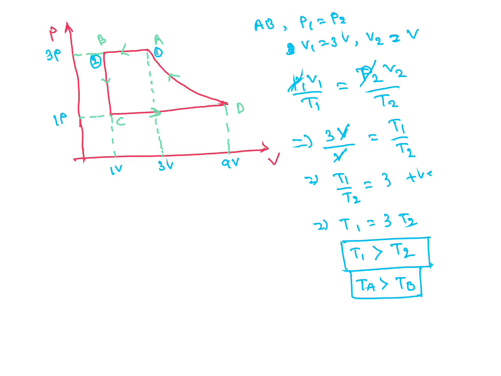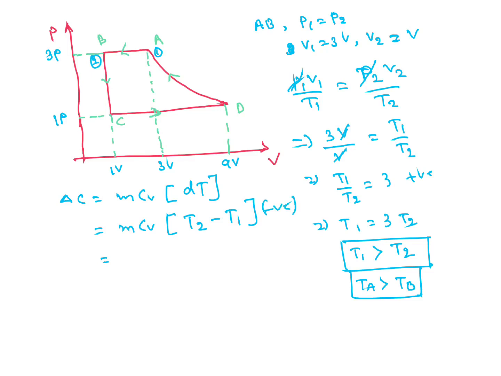Then we will go for internal energy change, m Cv dT. For unit mass, m is 1, or m Cv dT is T2 minus T1, or temperature at B minus temperature at A. This one we already know. T2 is less than T1, so this term is negative.